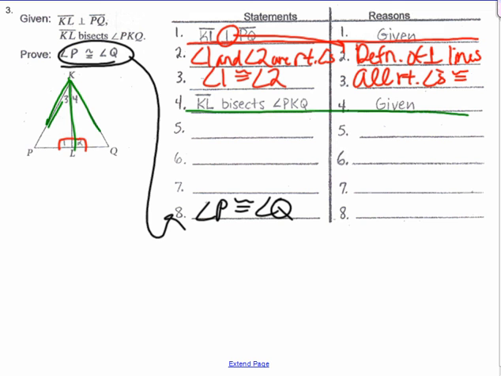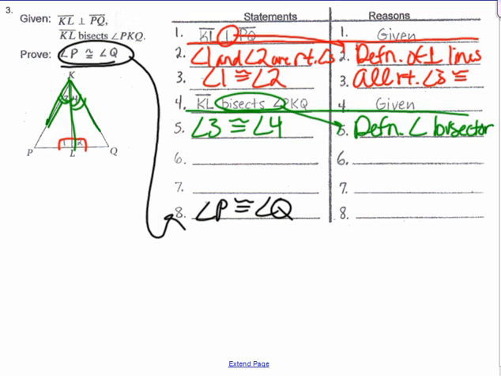PKQ, that's right here. Well, if that's true, then angle 3 must be congruent to angle 4. We have bisects. This is the definition of an angle bisector. That's a congruent part, so I move on to blue.